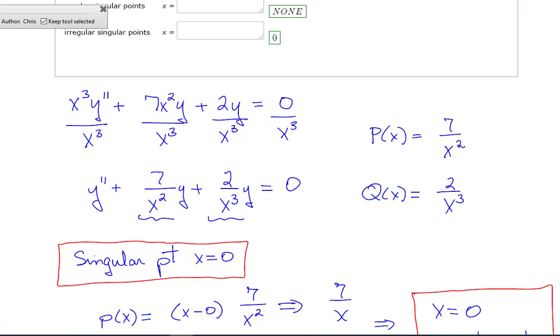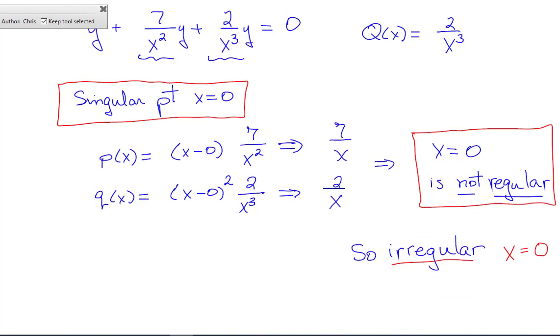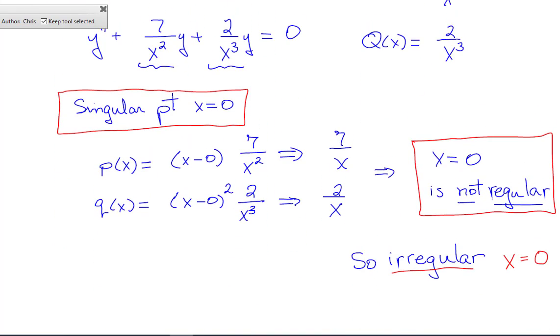So the definition comes from forming small p of x and q of x, where we multiply both p and q by powers of the place where the singular point was at. So we're multiplying by x minus x0, where that is the singular point x0. For the small p of x, it's to the power of 1.